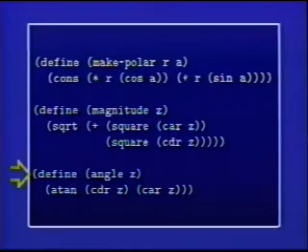If I want to get the angle, I compute the arctangent of the cdr and the car. And this is a Lisp procedure for computing arctangent. And if somebody hands me a magnitude and an angle and says, make me a complex number, well, I compute the real part and the imaginary part, r cosine of A and r sine of A, and stick them together into a pair.